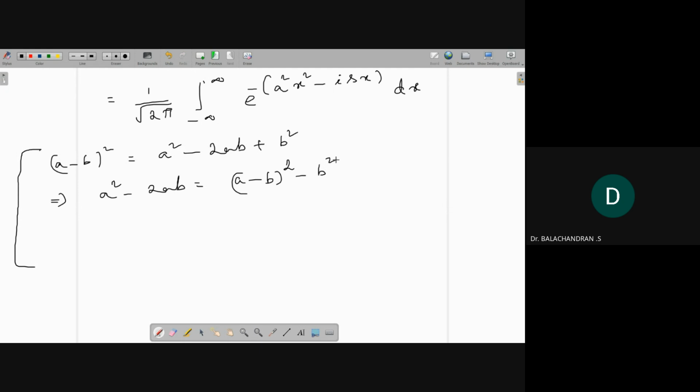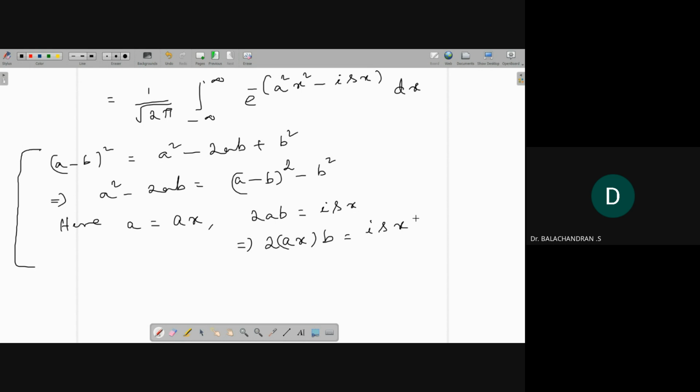Okay, so now here I'll take a equal to ax and 2ab equal to isx. So this implies 2 into a, which is ax, and b I'll keep as it is, equal to isx.